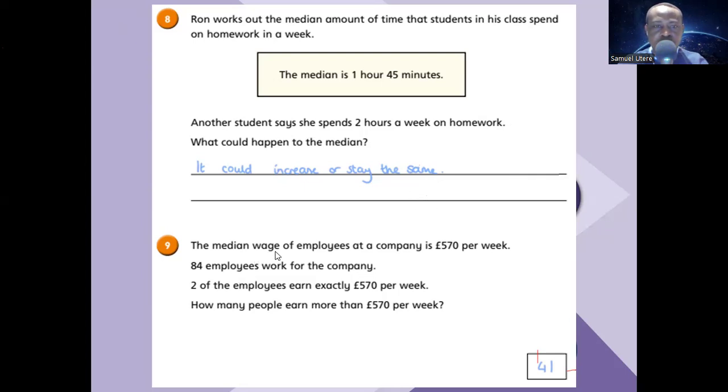For question 9, the median wage of employees at a company is this amount. 84 employees work for the company. 2 of the employees earn exactly £570 per week. How many people can earn more than that? It's 41. How do we work that out?